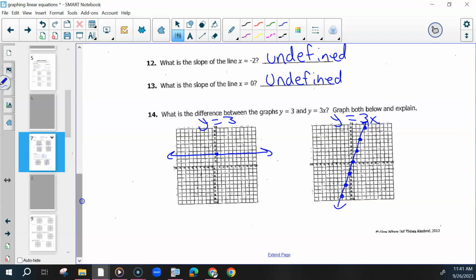And after you have both of them drawn, what do we see as similar? What do we see as different?